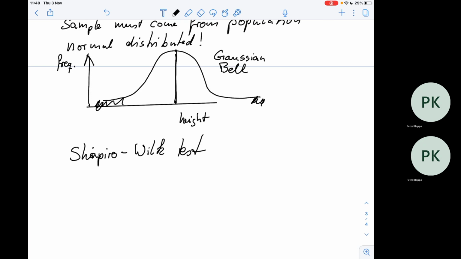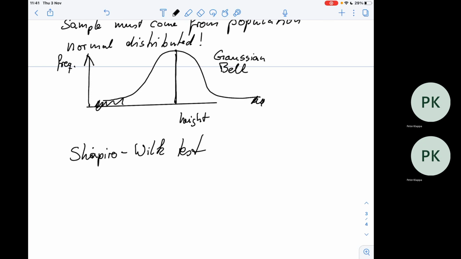If the data don't come from a normal distribution, most people will actually say, well, who cares, right? We will still treat them as normal distributed population. The mistake that you make is probably not huge.